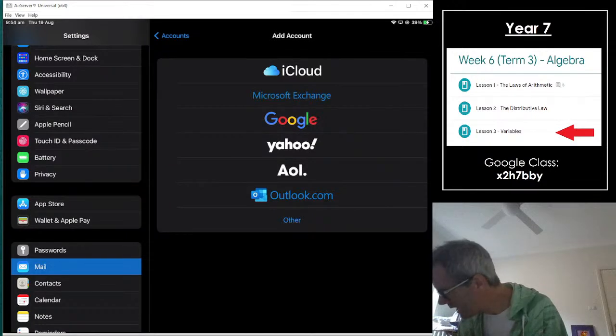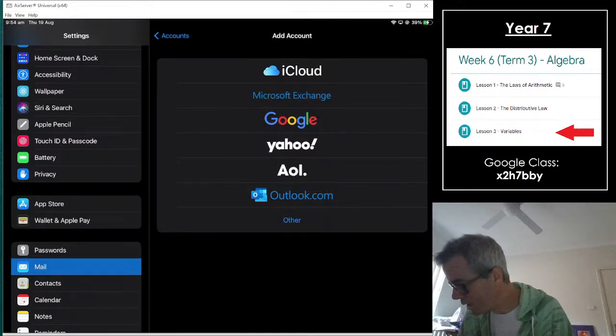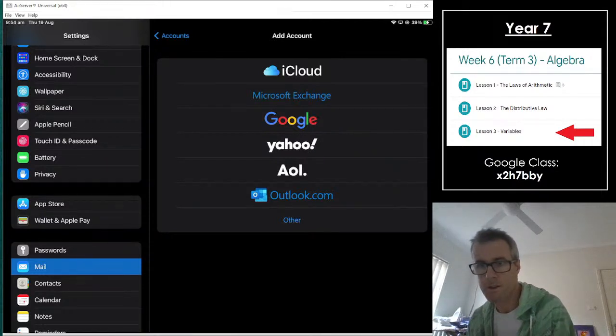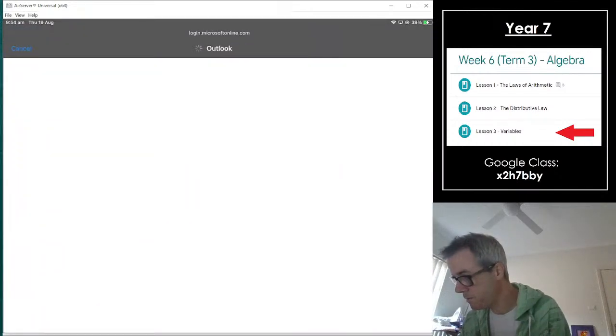Now, I believe from memory that it's an Outlook one that you set up.